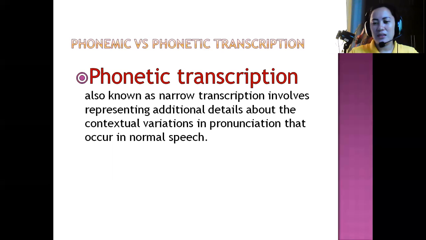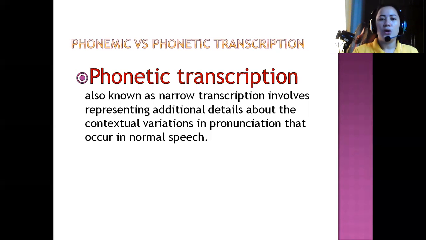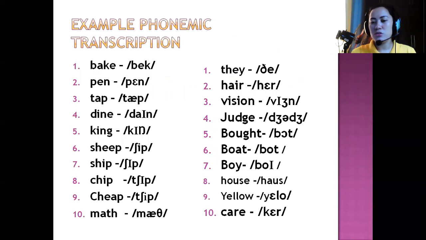So you can see it even in the Webster dictionary. For example, this is using the square bracket. Take note of the difference between the square bracket and the angle bracket. So this is quite strict. If you are required the phonemic transcription, be sure to use the angle bracket or the slashes beside the transcription. So let's have a practice transcription.